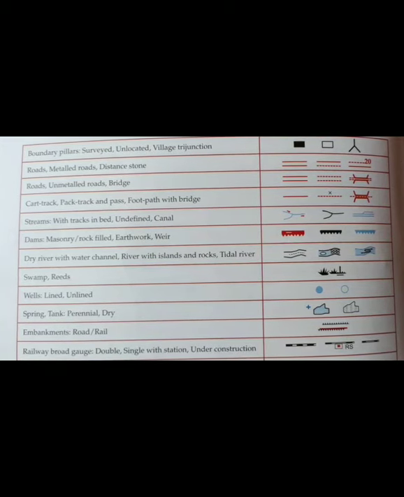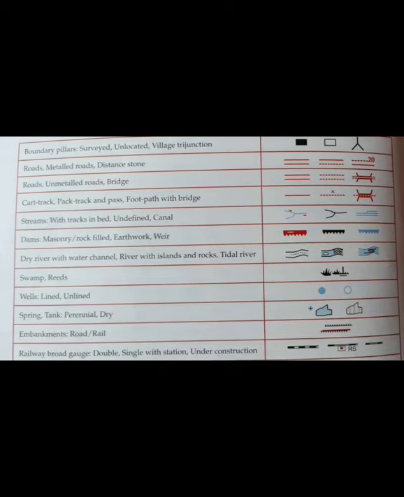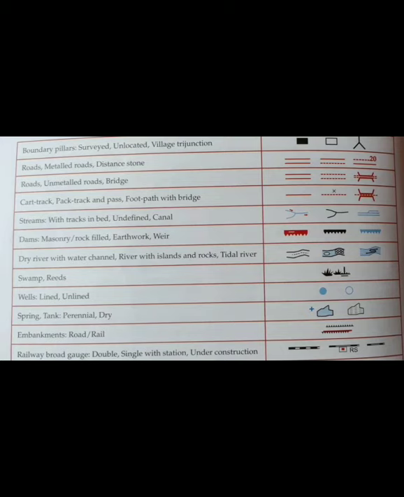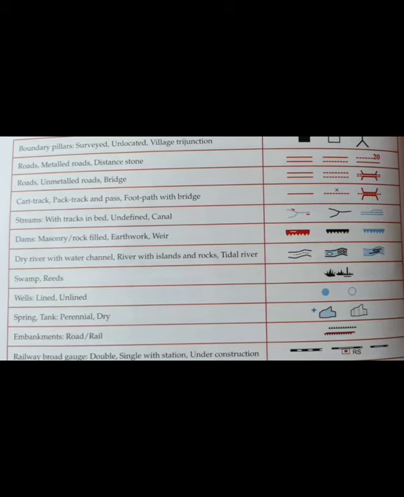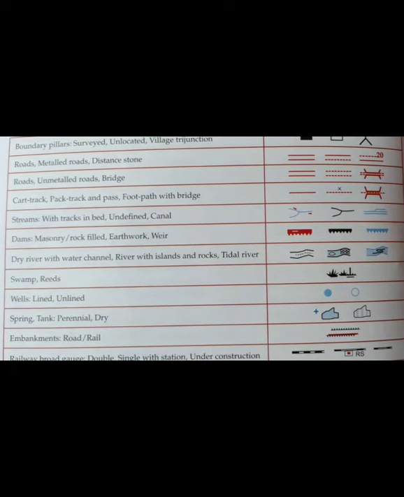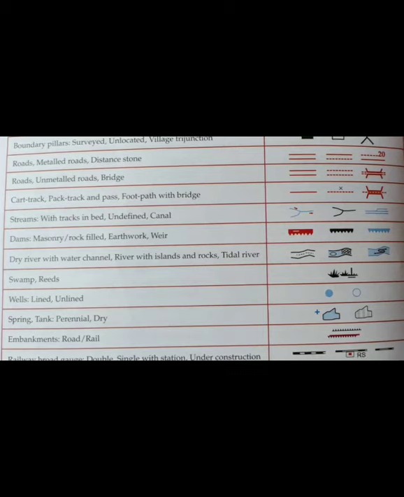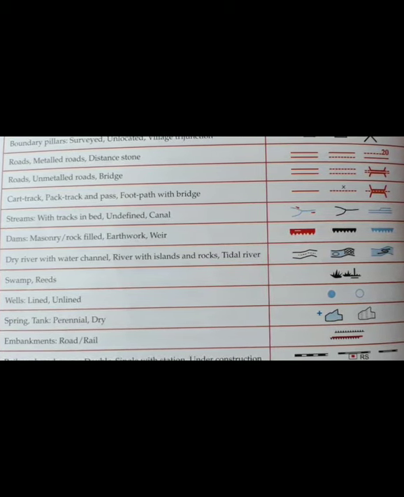Next are streams, and other water bodies with defined and undefined beds, and canals also are there. Other water bodies in that area are dams, rivers, wells, springs, dry trunk, perennial and non-perennial. All these things are here.